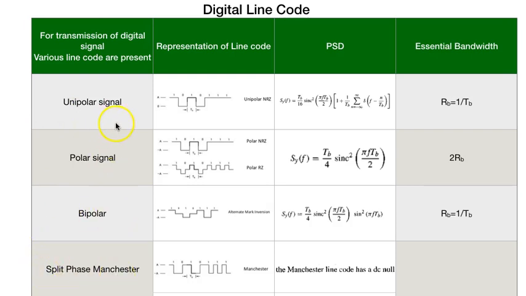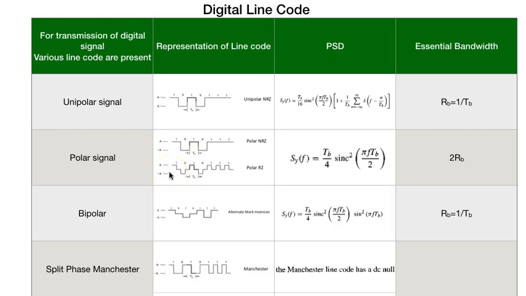The difference in all of these is that in unipolar, a pulse for 0 is represented by 0 and a pulse for 1 is represented by magnitude A. Polar signals are represented by A for pulse 1 and minus A for 0.